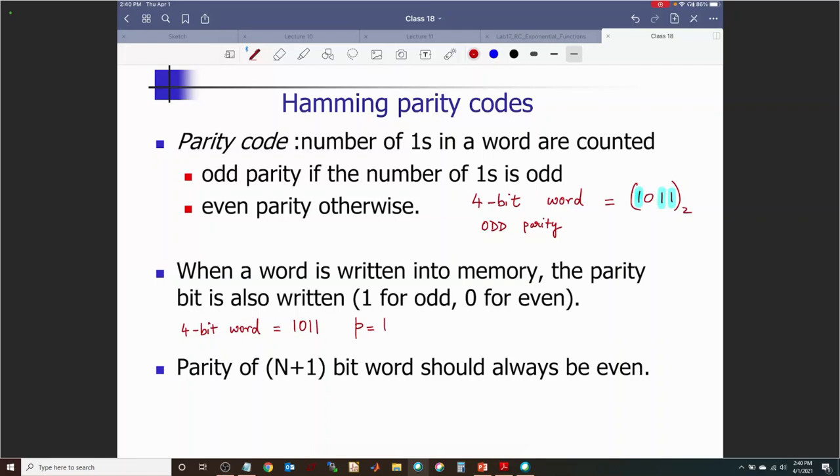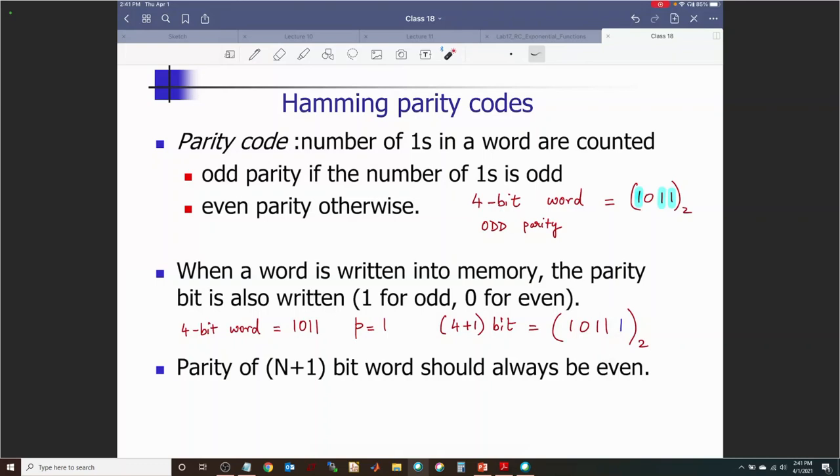So instead of writing 4 bits, I'm actually going to write a 5-bit word to the memory, which is going to be 1011, the 4 bits from the original 4-bit word. And then at the end, I'm going to pad it with my parity bit. Now, this doesn't necessarily need to go all the way to the right. It could be at certain other locations. I'm just using an example of putting the parity bit all the way to the rightmost bit.